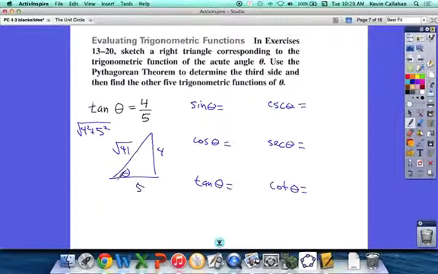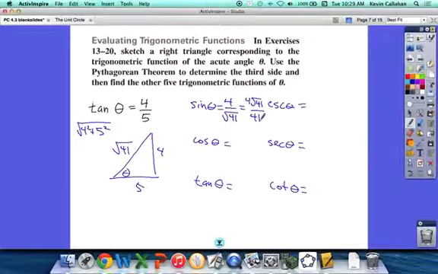Okay, so the sine would be opposite over hypotenuse. 4 over the square root of 41. Rationalize. Can't have a square root of 41 in the denominator. 4 root 41 over 41.